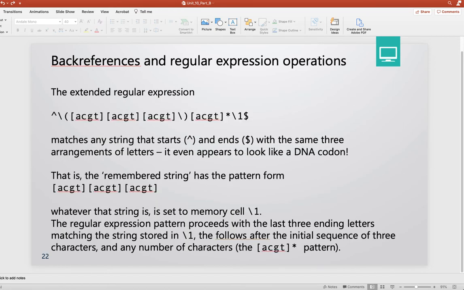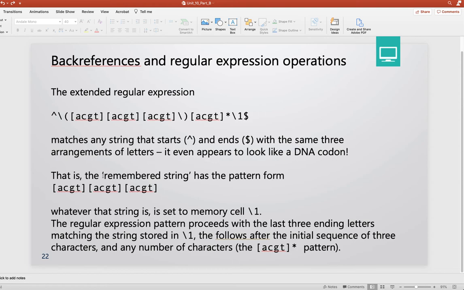And the extended regular expression, such as this one, will match any string that starts with the caret character and ends with dollar, with the same three-letter arrangement. It even looks like DNA content.